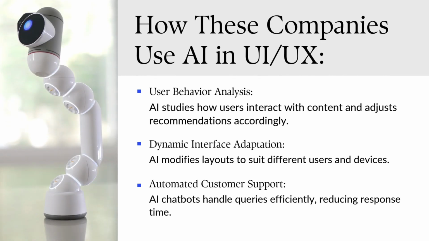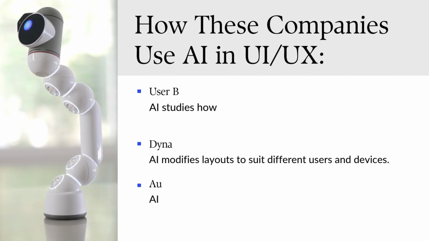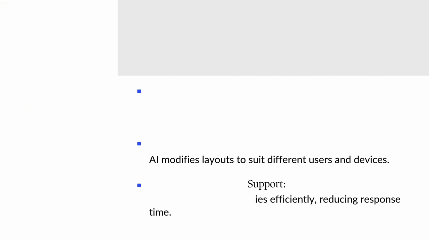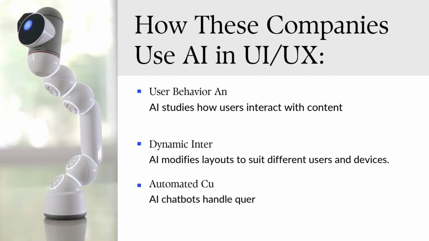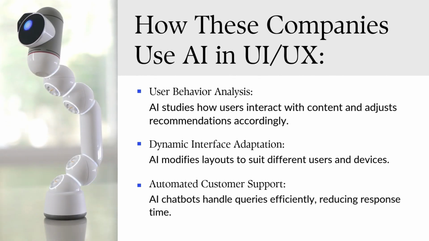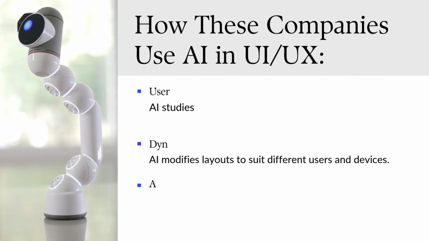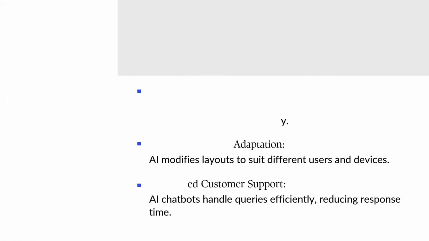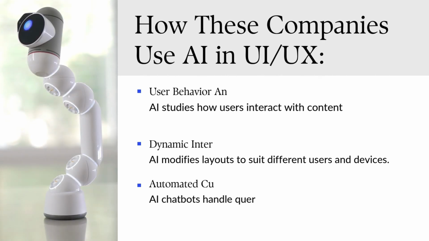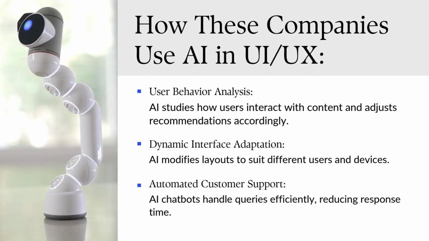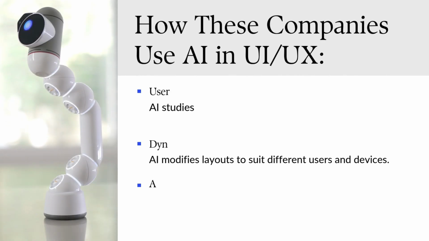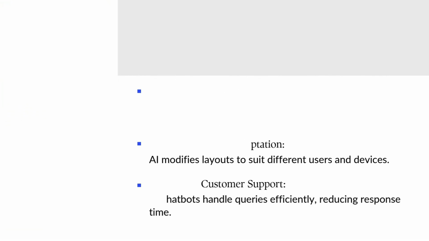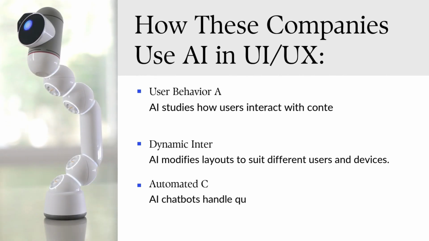Next is dynamic interface adaptation. With this, AI modifies layouts in order to suit different users and different devices. Next on our list, we have automated customer support. With automated customer support, AI chatbots handle queries efficiently, thereby reducing the response time.